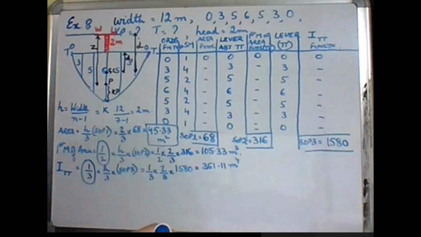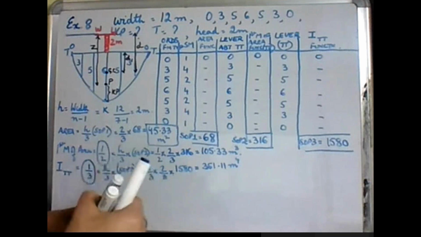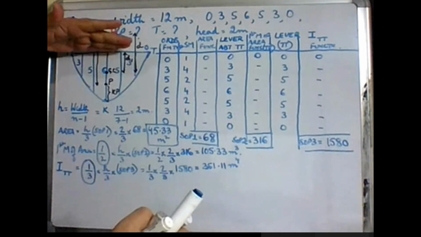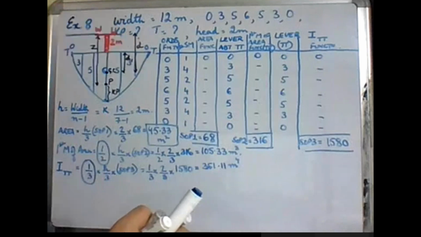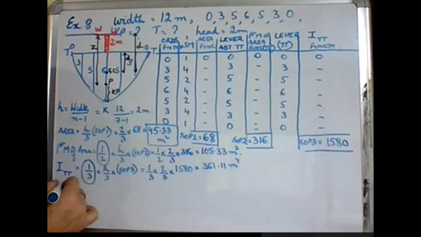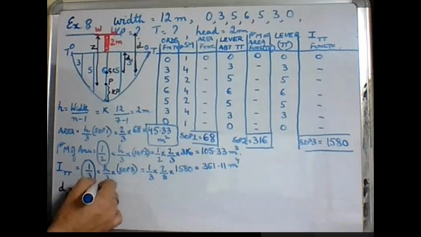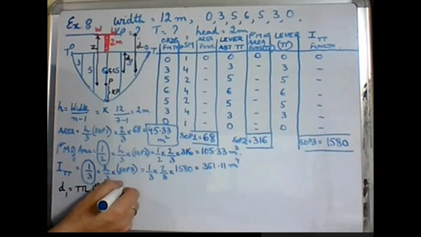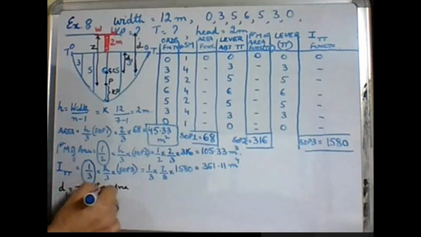Okay. Now I have the moment of inertia about tank top. Now I need D1. So D1 is equal to total first moment of area about tank top divided by total area.